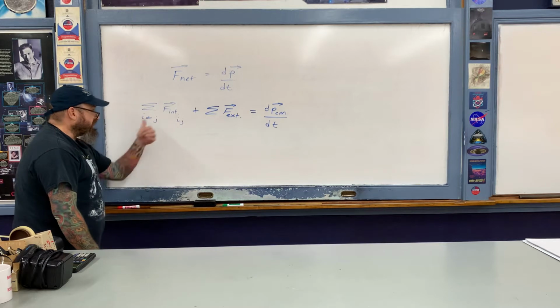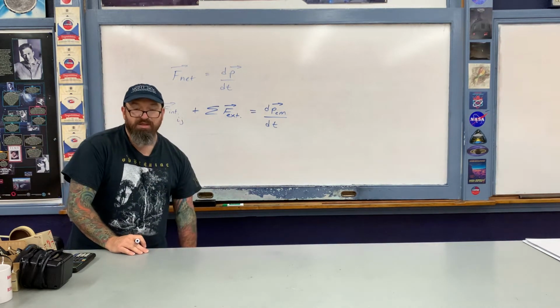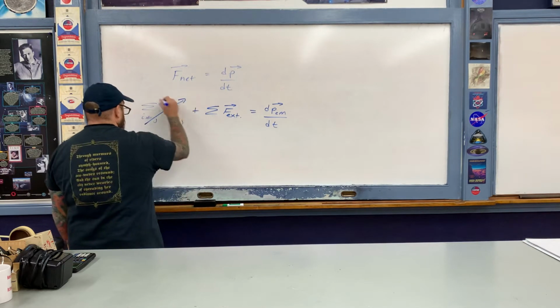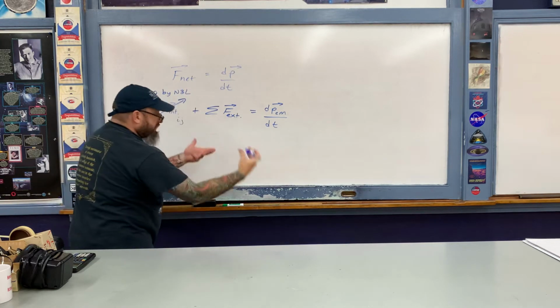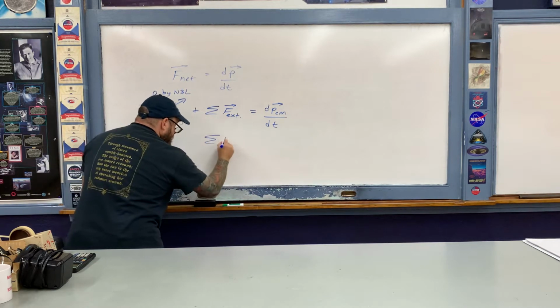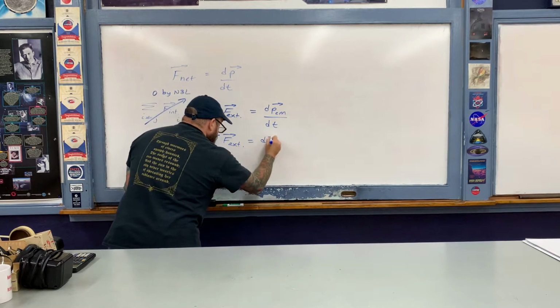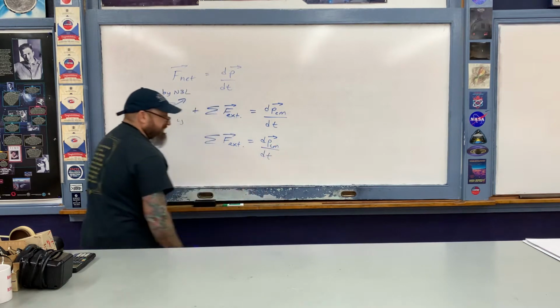Recall, however, that the sum of the internal forces that occur between the objects that make up a system, through Newton's third law, is equal to 0. So then therefore, in general, we write Newton's second law as the sum of the external forces applied to a system. This then results in a change in the center of mass's momentum with respect to time.